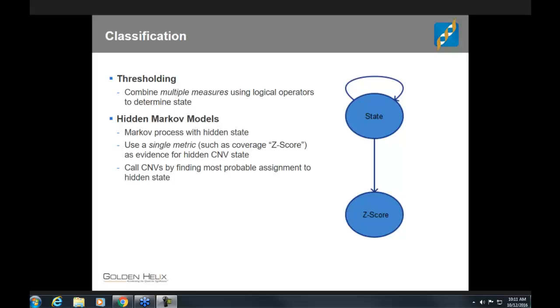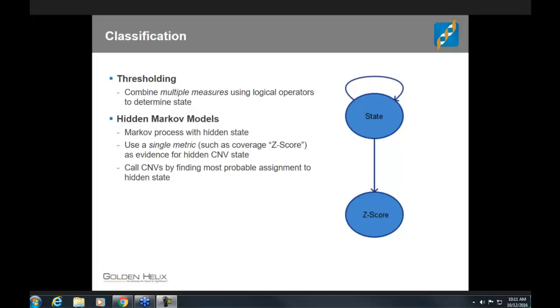And if all of the measures cross a certain threshold, you'll call a CNV state based on that threshold. So for example, maybe you're using a z-score and a ratio, and if they all exceed a certain value, then maybe you call the CNV state as a duplication. Or maybe if they're below a certain value, you call it as a deletion.